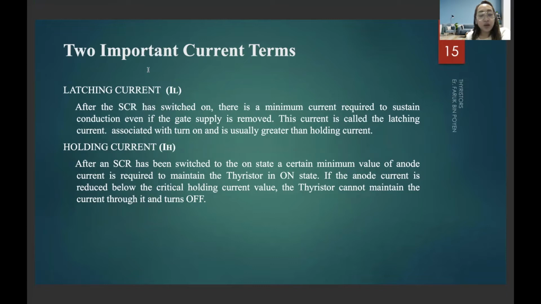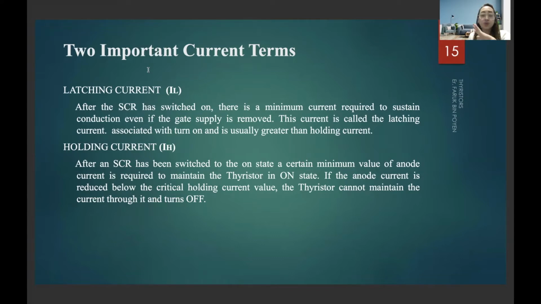While for the holding current, after an SCR has been switched to the on state, a certain minimum value of anode current is required to maintain the thyristor in the on state. If the anode current is reduced below the critical holding current value, the thyristor cannot maintain the current through it and it turns off.